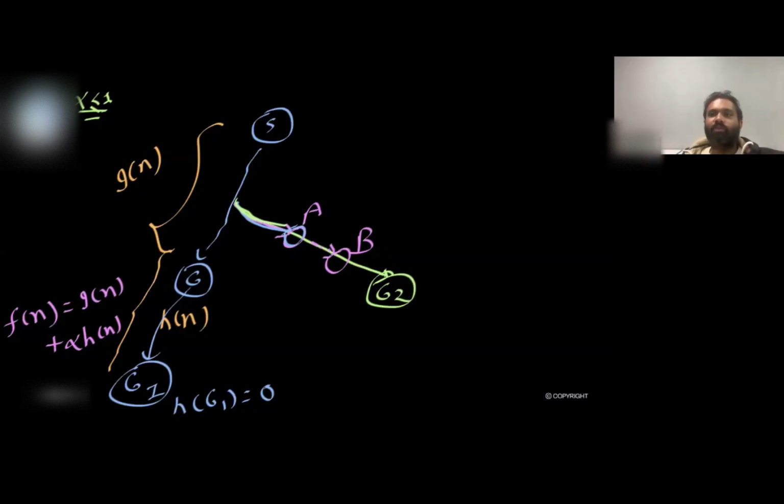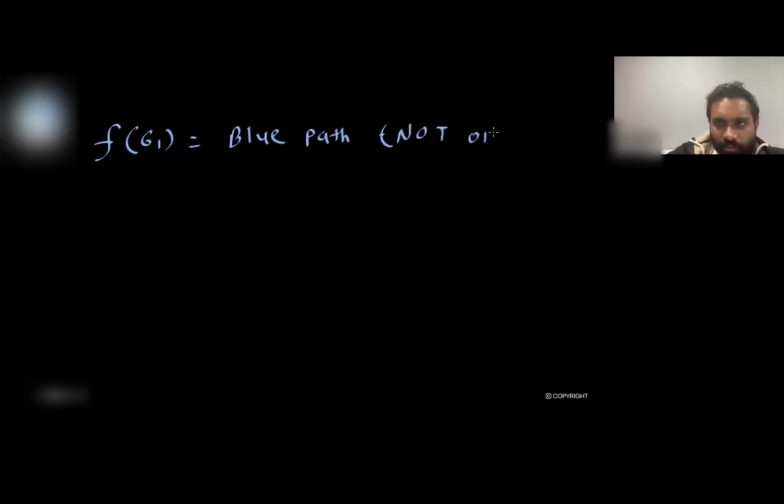This is what is called a proof by contradiction. So this is the blue path. The f value of G1 is the blue length. It's just the blue path length, which is not optimal by our assumption.